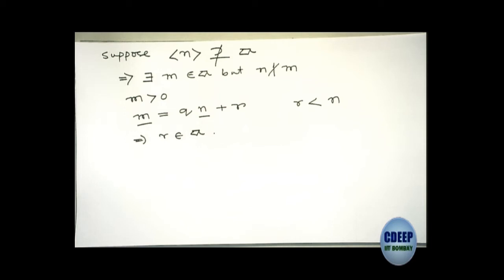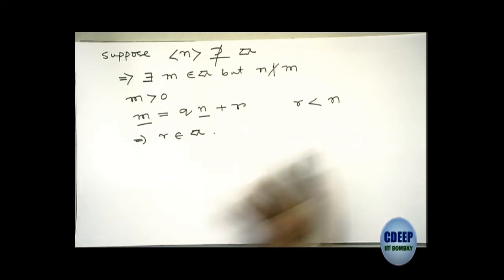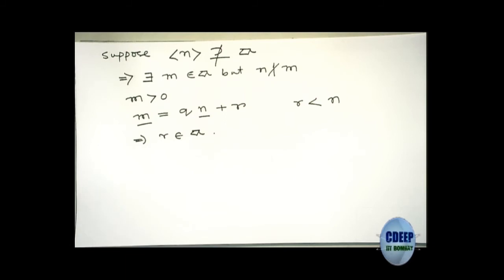It's a contradiction because then we have a non-zero number in the ideal which is smaller than n, but that is impossible. n was chosen to be the smallest. That's it. This n is the generator. So exactly the same proof that we have worked out for polynomials works out here also for integers. So there are striking similarities between integers and one variable polynomials.